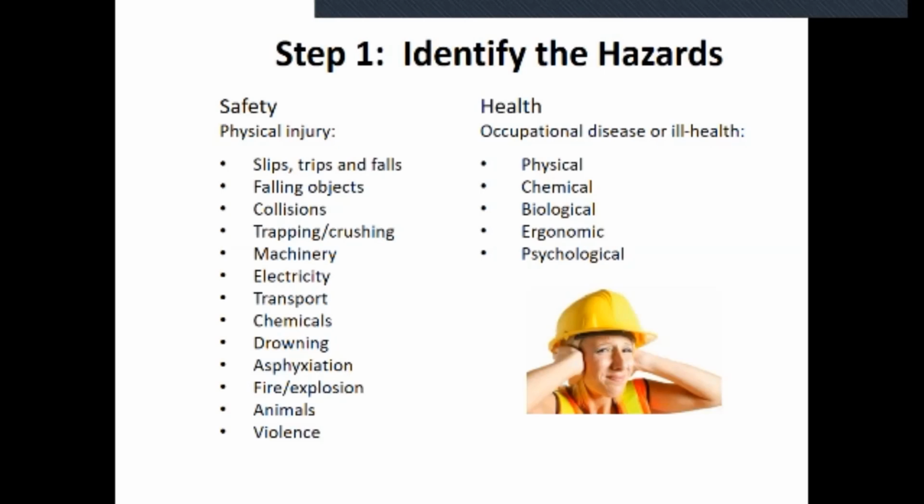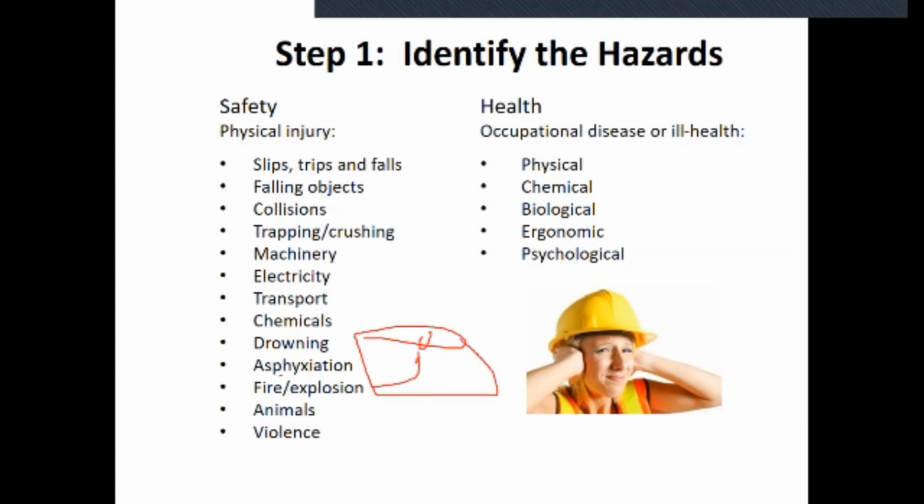Identify the hazards: slips, trips, falls, falling objects, collisions, maybe vehicle collisions. Trapping, crushing, maybe automatically cutting a finger, electricity, transport, chemicals, drowning, which is nothing but sinking in the water. For example, in this water tub, automatically sinking, this is not drowning.